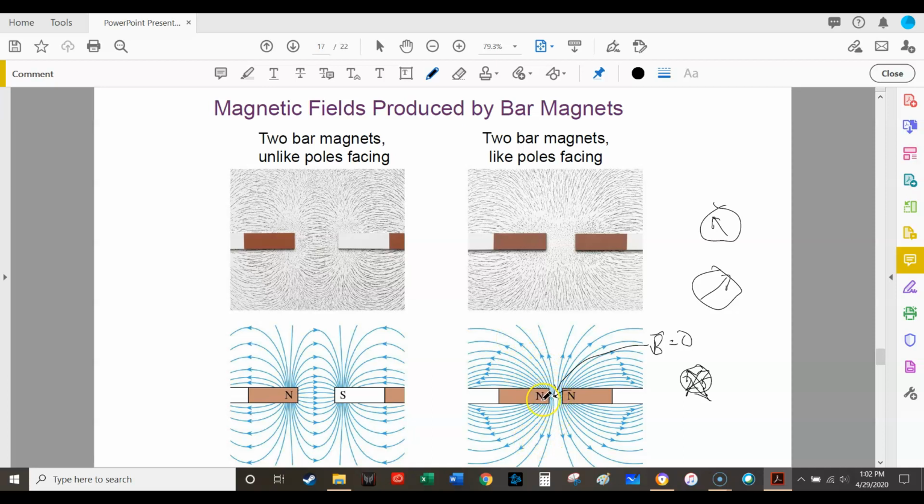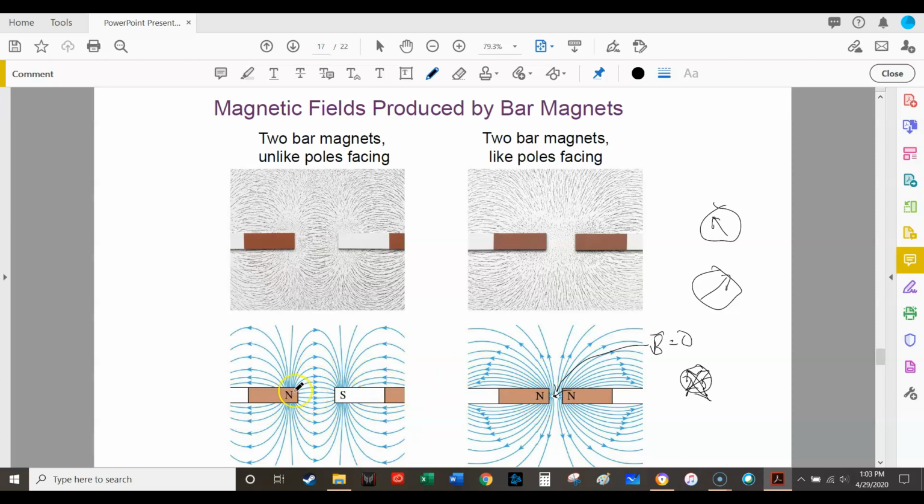They're trying to go from north to south, but when you bring two norths close together, they're going to bend and try to wrap in upon themselves since they can't just go straight across. This is what happens. So that's what repulsion looks like, by the way, when the magnetic fields are bending away from each other, right? So at that point, where there is no magnetic field, there's actually a repelling force between these two on each other.